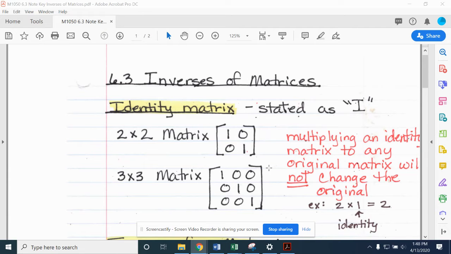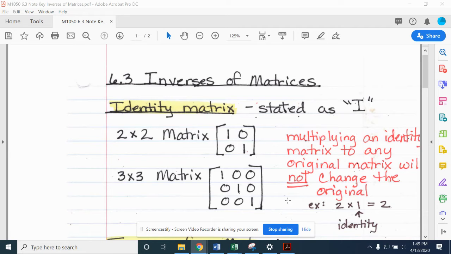On a 2x2, the upper left to the lower right diagonal will always be ones. Everything else is zeros. In a 3x3, same thing. Upper left to lower right, all ones, everything else is zeros.